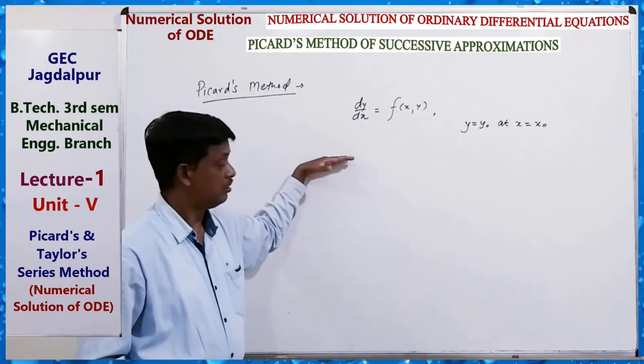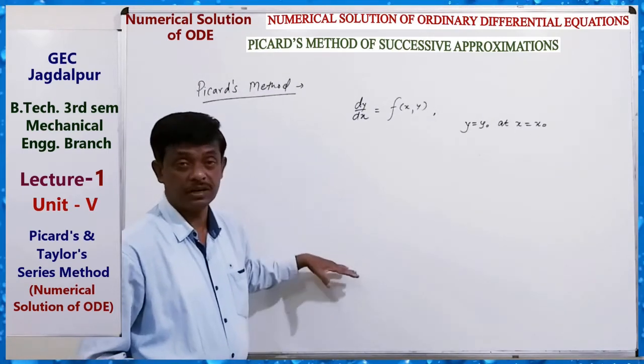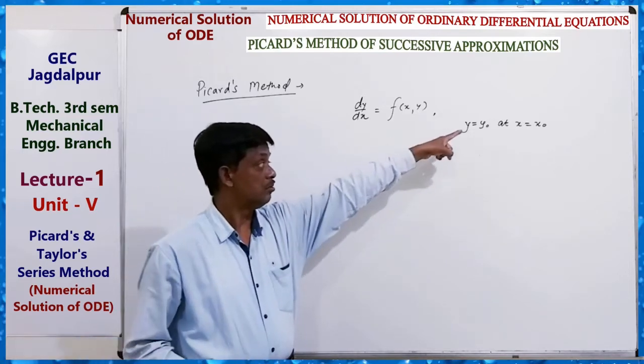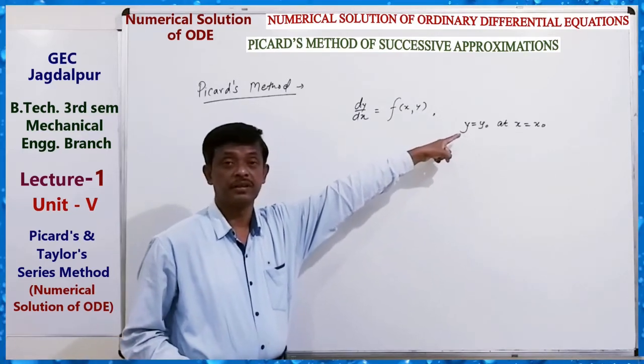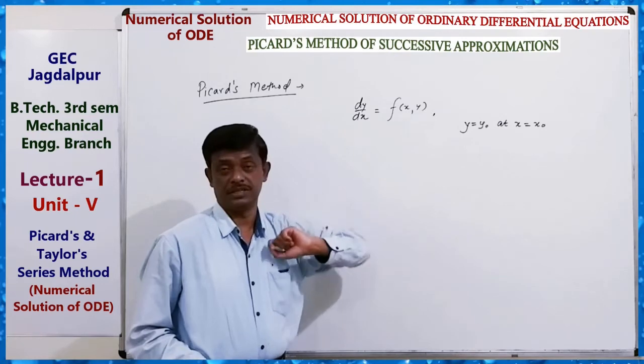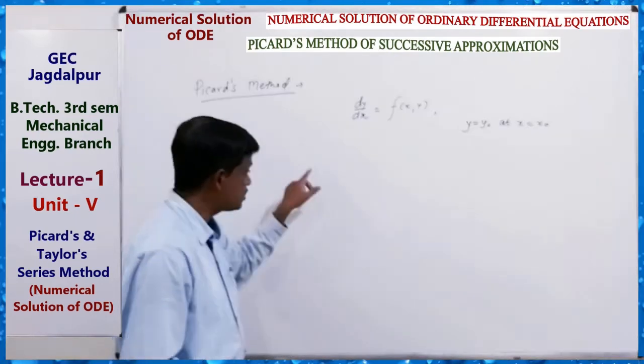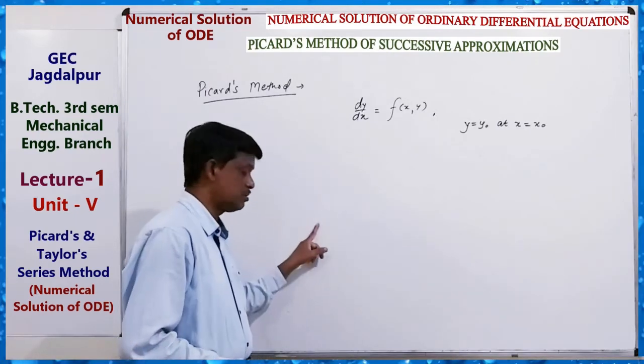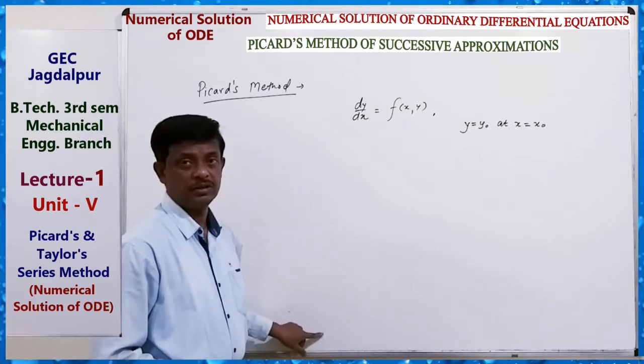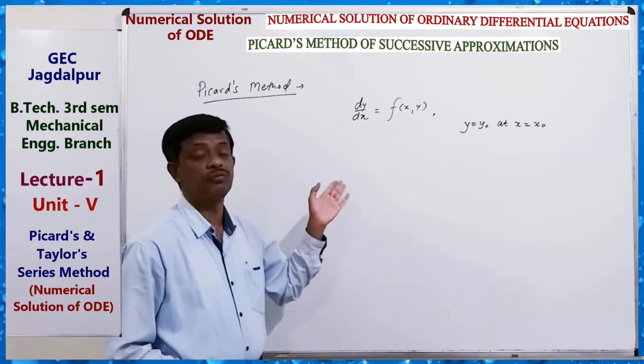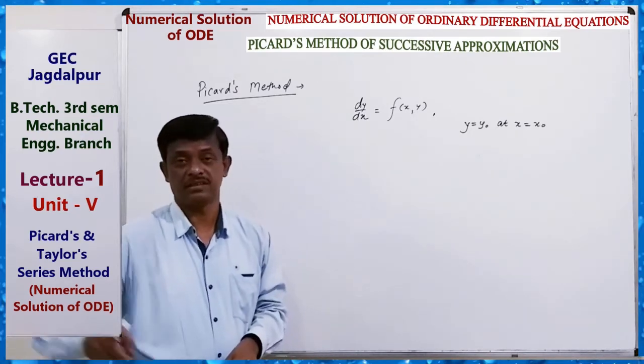First approximation, second approximation, third approximation, using this condition. From the first, second, and third approximations, we will find the value of y for a particular value of x.